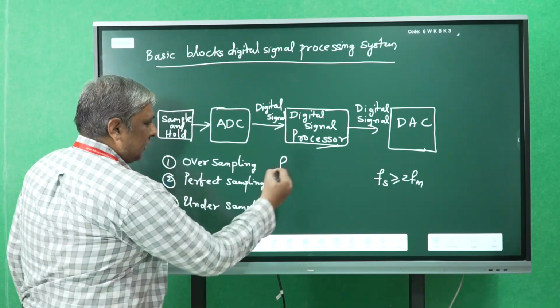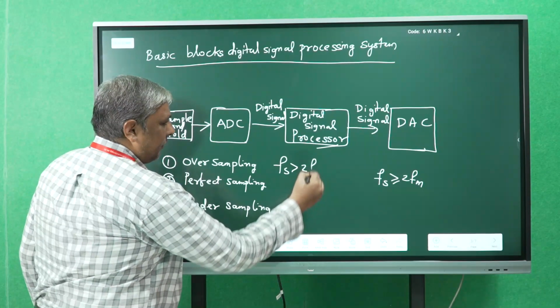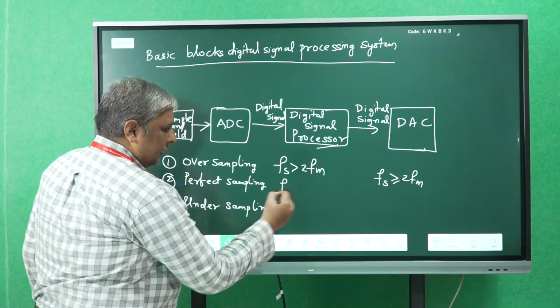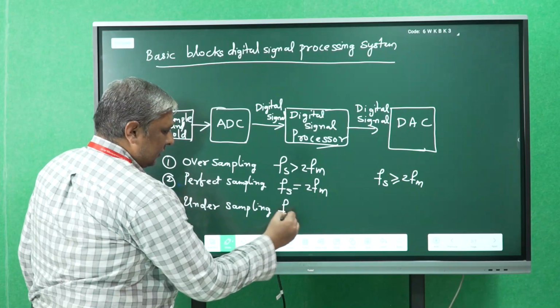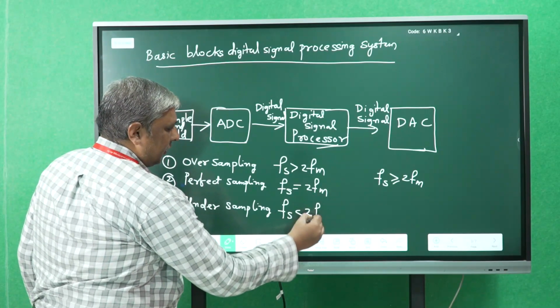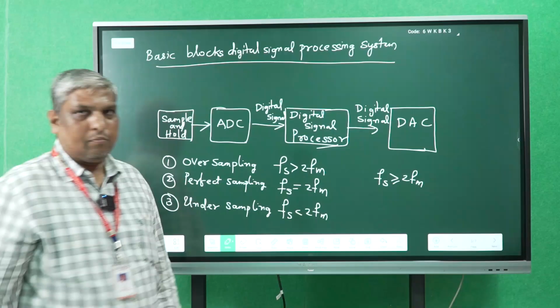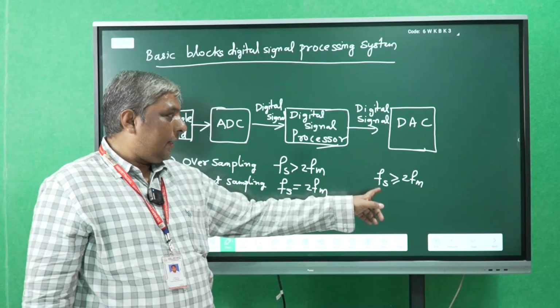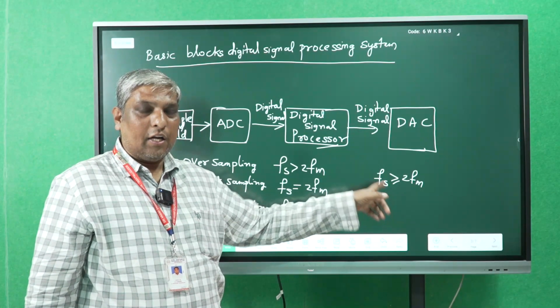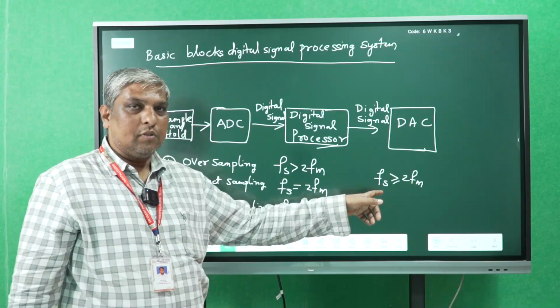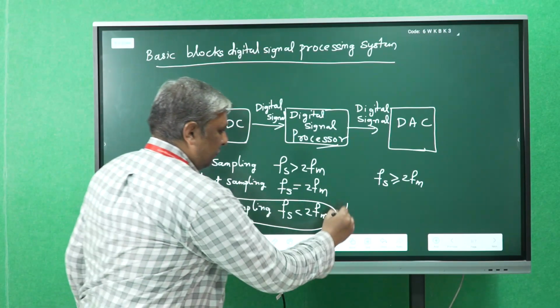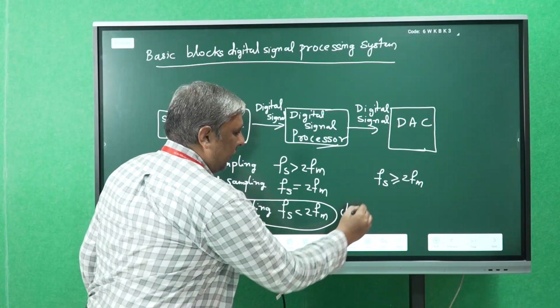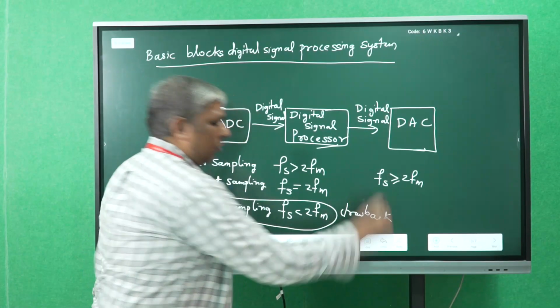In the case of oversampling, the value of Fs is chosen greater than 2Fm. In the case of perfect sampling, Fs must be equal to 2Fm, and in undersampling, the value of Fs must be less than 2Fm. To maintain the criterion of the sampling theorem, undersampling is a drawback while performing the sampling operation.